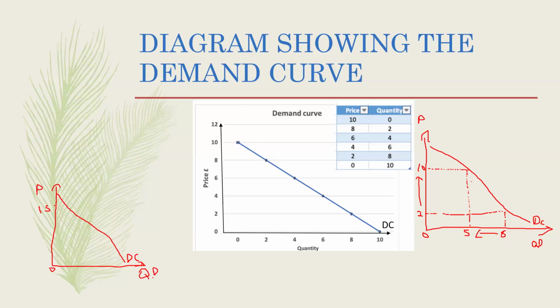At a price of 15, I am going to be demanding, let's say, 2 items. But if my price were to go down from $15 to now, let's say, $10, my prices went down.